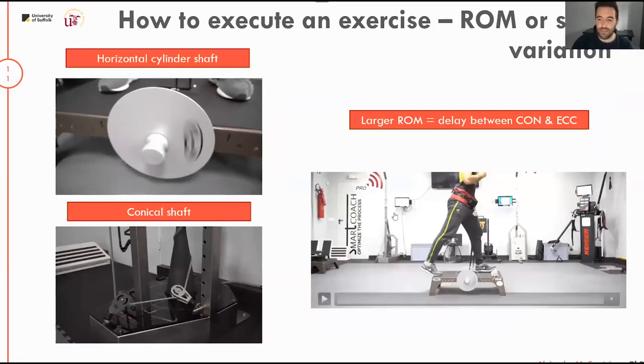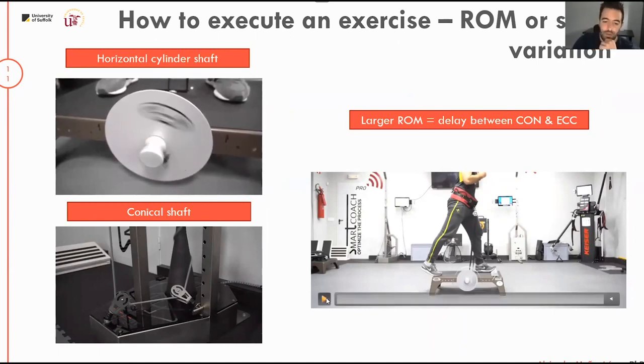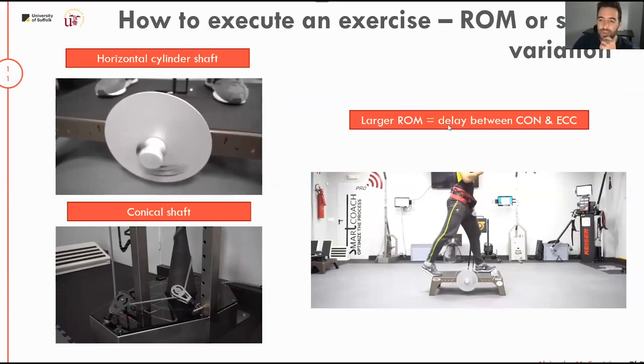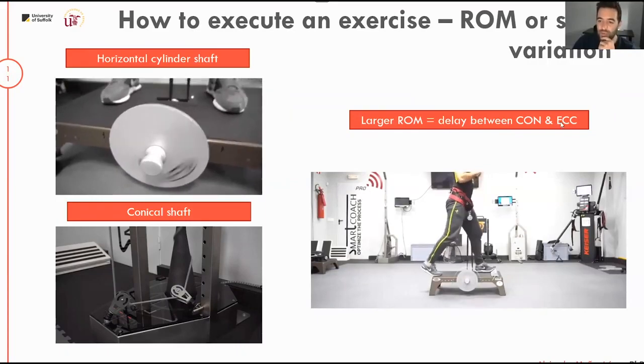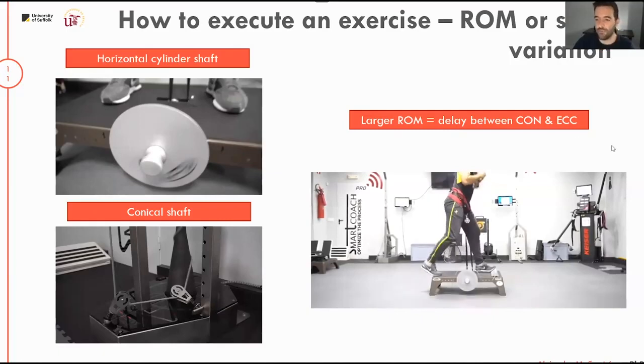In a horizontal cylinder shaft, or even on a conic pulley, you can have a larger ROM, which will make a delay between the concentric and the eccentric phase, like we showed in that video. This could be an option for some given purposes in strength and conditioning programs.